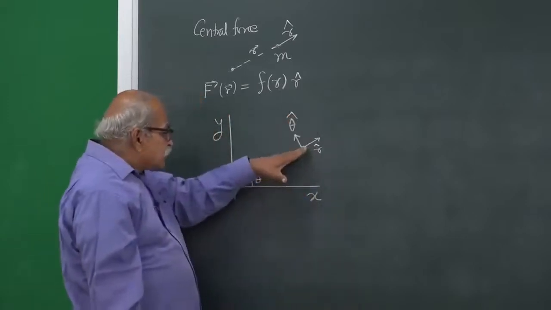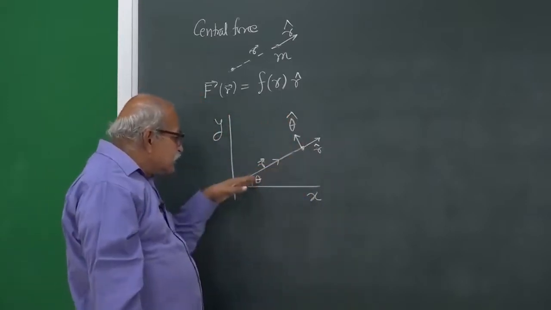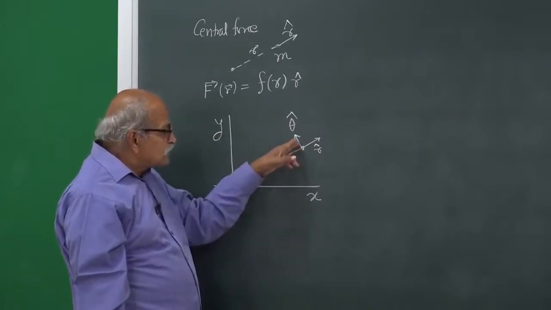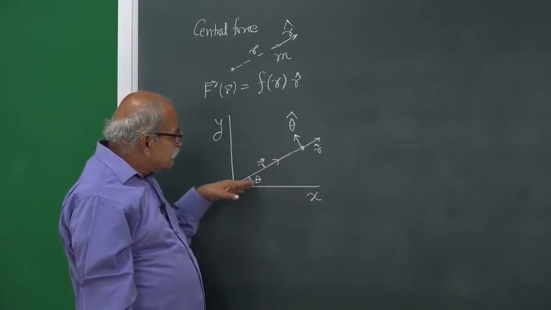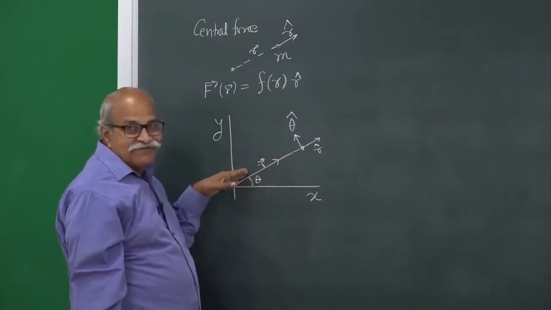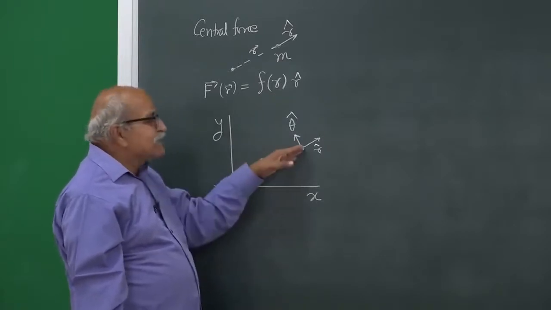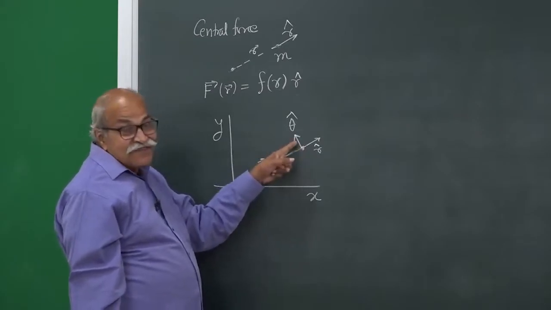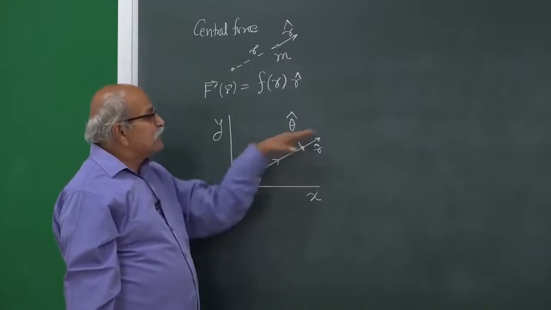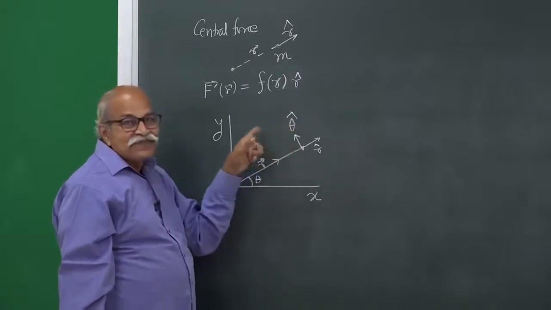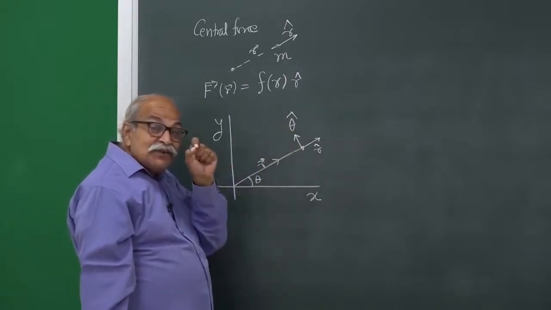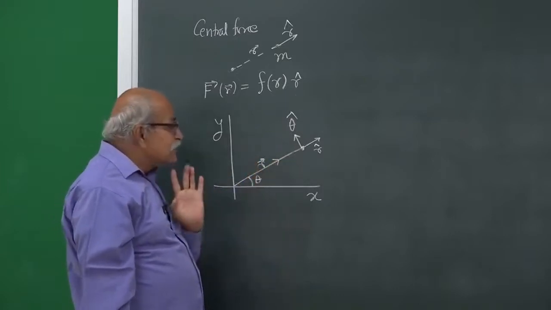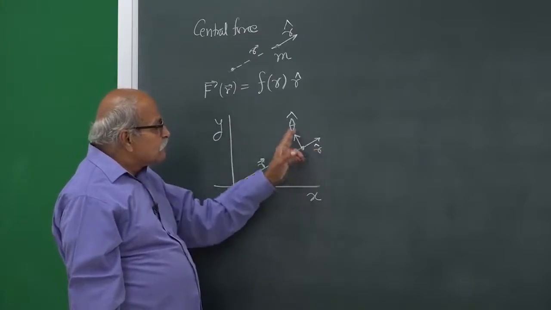If I take the particle in this direction, theta will increase. If I take it an infinitesimally small distance here, theta will become theta plus d theta, but r will remain the same. There is no component of that displacement in the r direction, so for that infinitesimally small displacement we take r as constant, only theta is changing. This is r cap, this is theta cap.